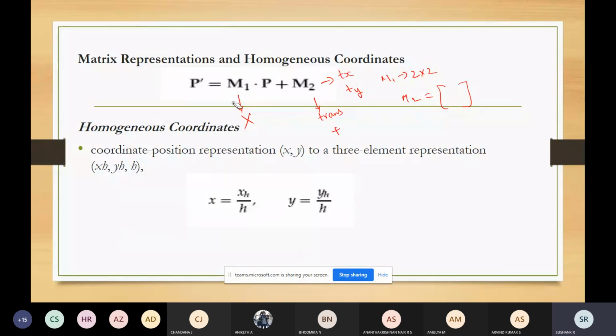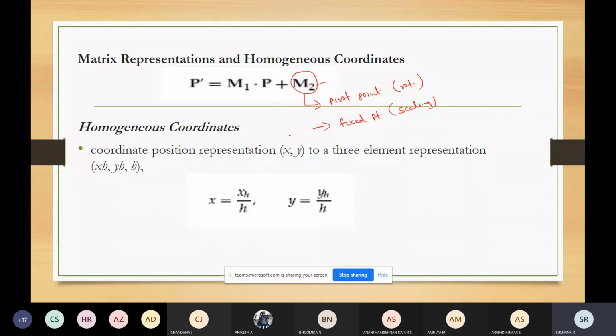When an operation like rotation or scaling is performed, M2 will contain the terms associated with the pivot point when talking about rotation, or the fixed point when talking about scaling.